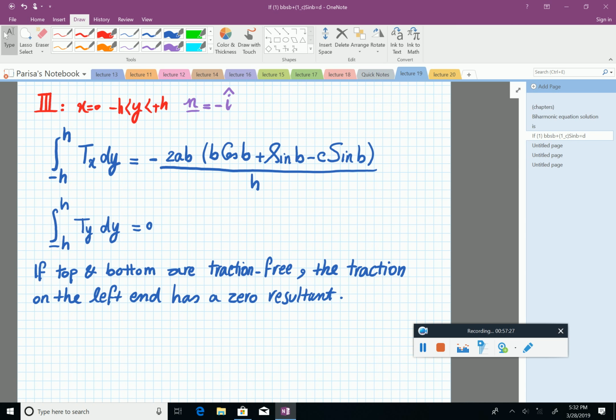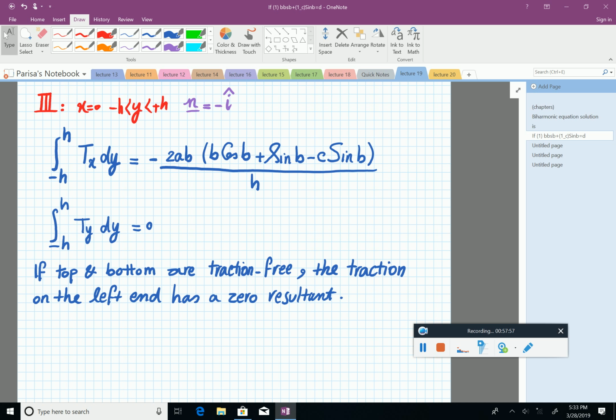The first integral, we are integrating traction Tx along y. I'm just telling you that if you calculate Tx and Ty, I have the expressions. They are not equal to 0. But if you integrate it over the left end, Ty automatically will be 0.